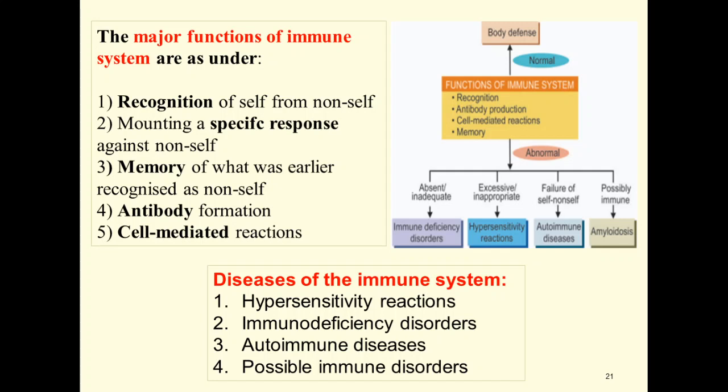You need to memorize the name, for example, of a primary immunodeficiency disease, and memorize what exact problem with the immune system happens due to this situation. Autoimmune diseases and possible immune disorders. So all these 4 we discuss today during our lecture.